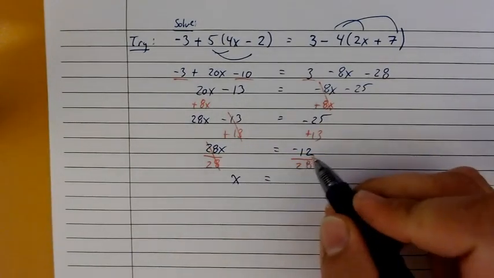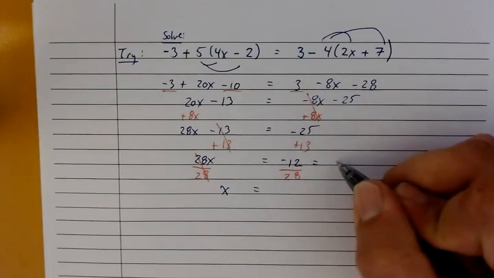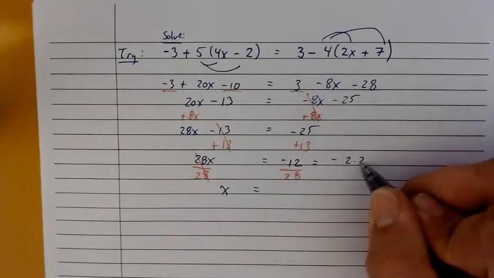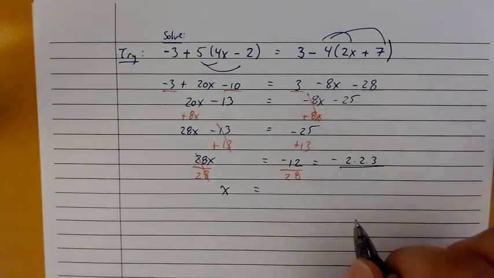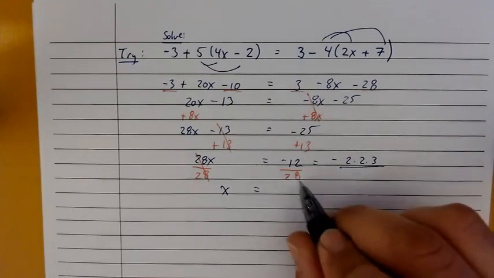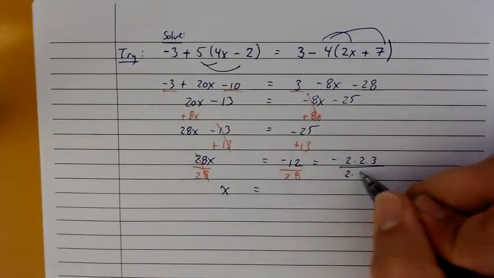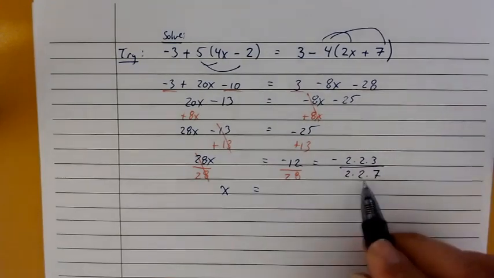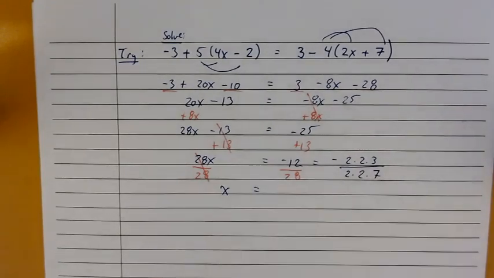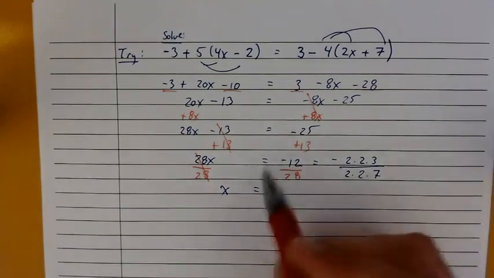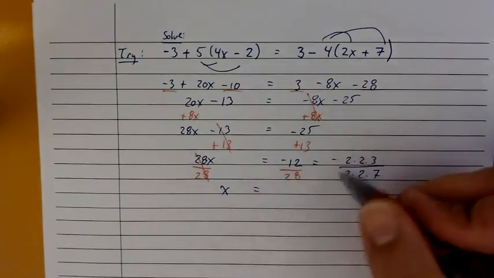On this side, I can reduce this. After all, 12 is 2 times 2 times 3. 2 times 2 is 4 times 3 is 12. 28 is going to be 2 times 2 times 7. 2 times 2 is 4. 4 times 7 is 28. Still have my minus there. There's no reason for that to go away.